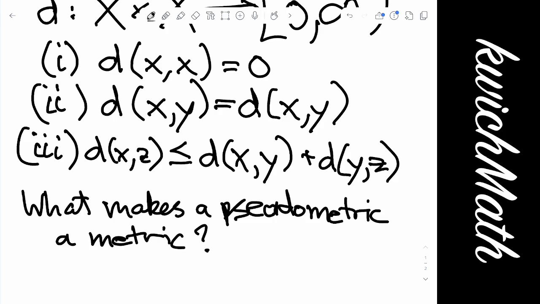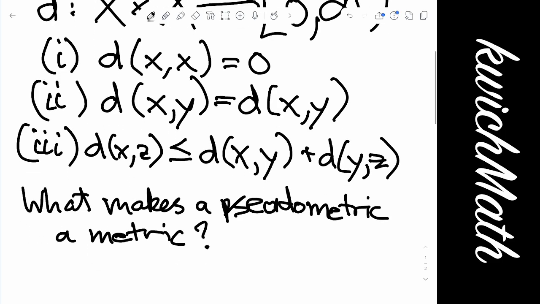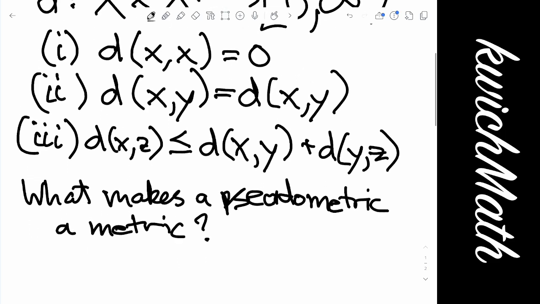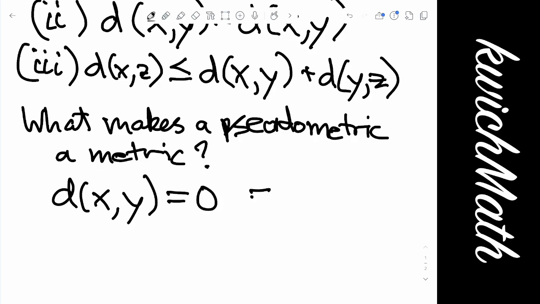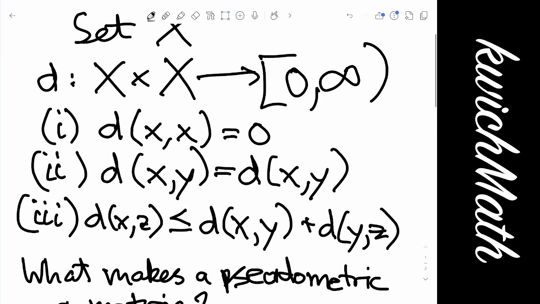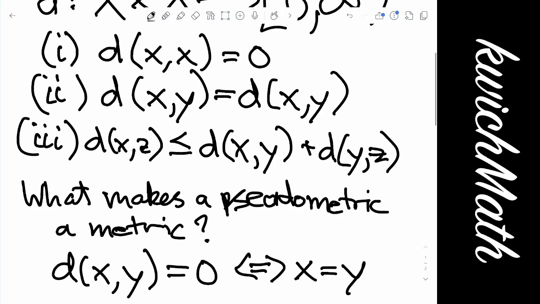It's kind of like an extension of the first condition that says that the distance from x to y is equal to 0 if and only if x and y are actually the same point. Since we're dealing with a pseudometric, this is in general not true.